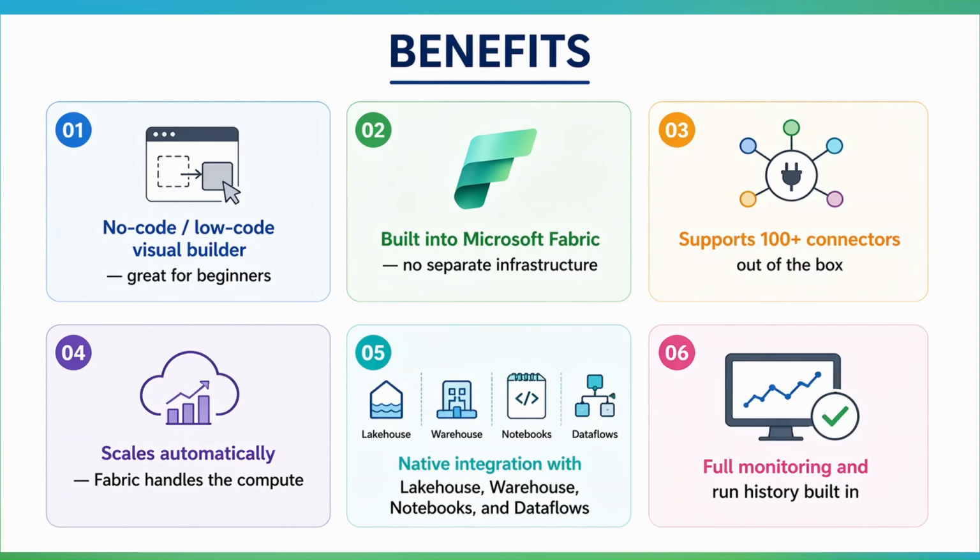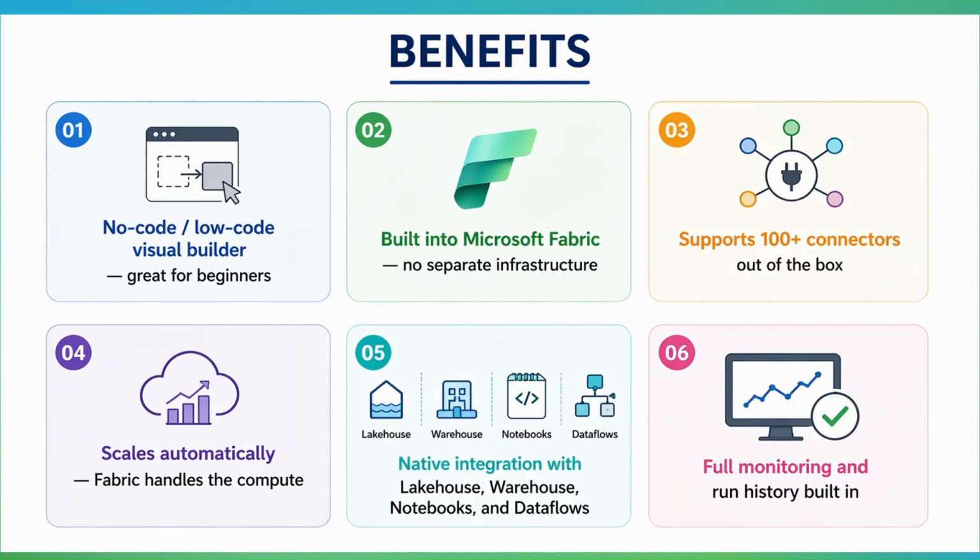Number five, native integrations. Pipelines work hand in hand with lakehouse, warehouse, notebooks, and data flows. It's all part of one ecosystem, so your workflows stay connected with all the required workloads. Number six, full monitoring and run history.